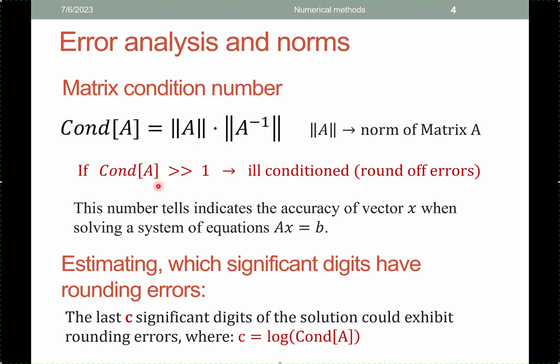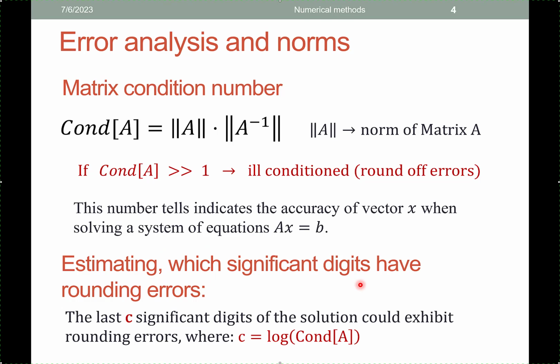If the condition number is greater than 1, then our system is ill-conditioned and round-off errors are likely to occur. So this number indicates the accuracy of vector x when solving a system of equations Ax equals b.